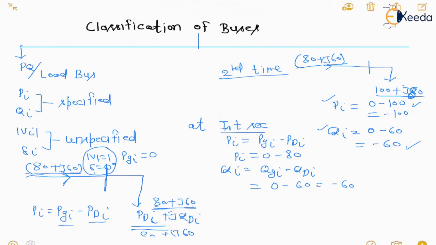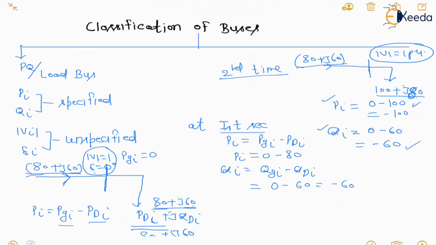Now after changing the load, Pi and Qi are specified, but here you can clearly see that 20 VAR of reactive power is still needed for the voltage V to become 1 pu. So the voltage is not 1 pu here, so we need to calculate the value of V. Whenever any quantity has to be calculated, that value will be unspecified.